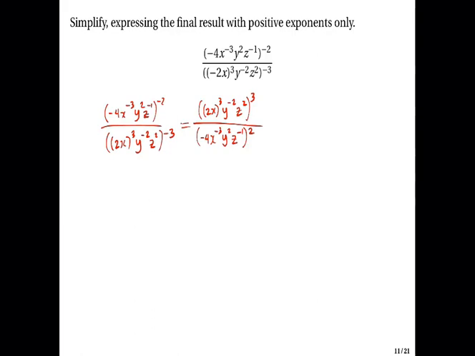Then this 2x is raised to the cube. So let's distribute first the exponent 3 here to each of 2 and x. For that, you will get 2 cube x cube.